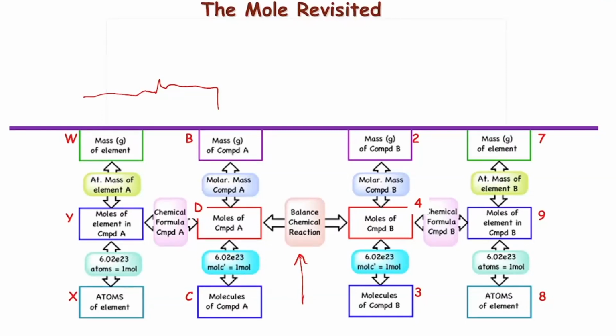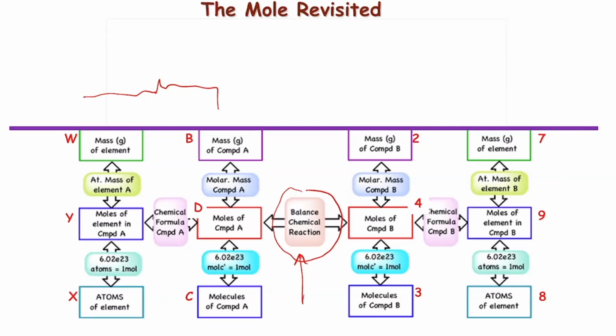And that's the only place you use the balanced equation. The coefficients in the balanced equation are a conversion factor. Just like the formula is for a compound, KMnO4, 1 potassium, 1 permanganate, 4 oxygens. In a balanced equation, the coefficient of each chemical, those are your mole ratio.